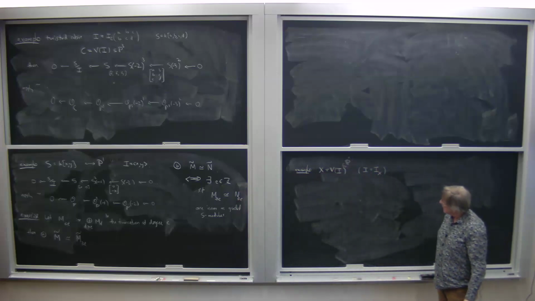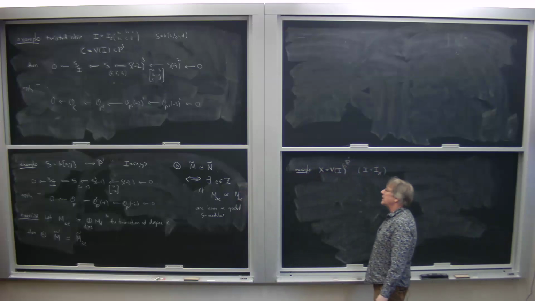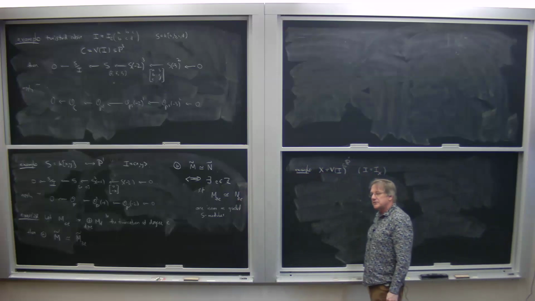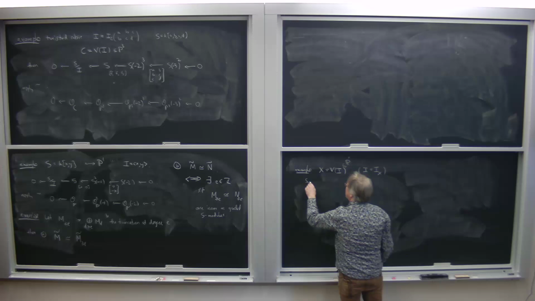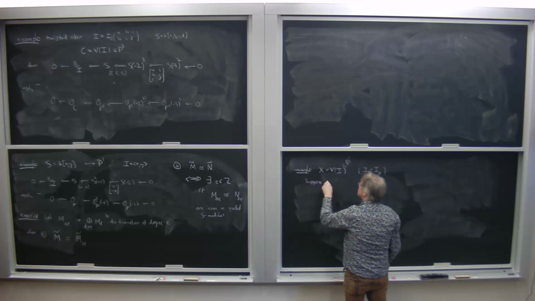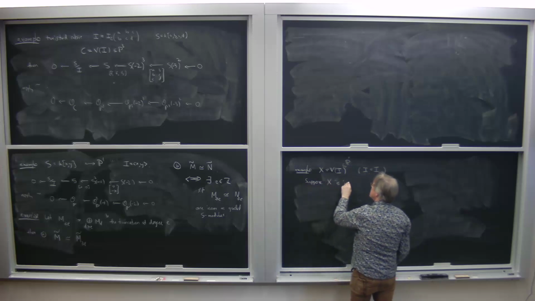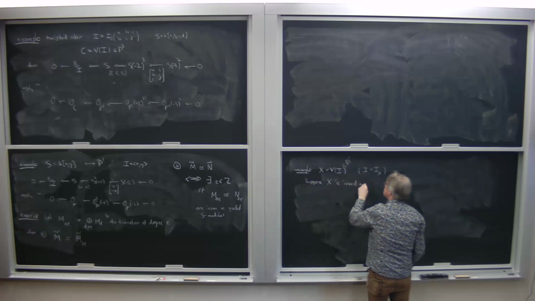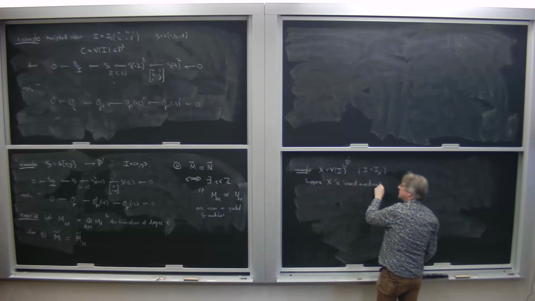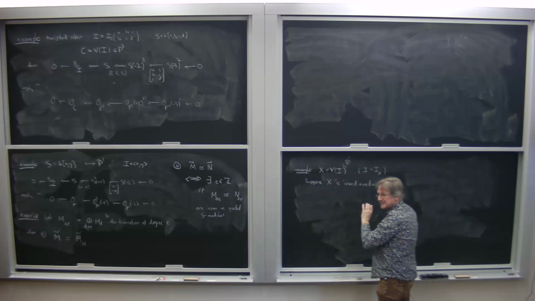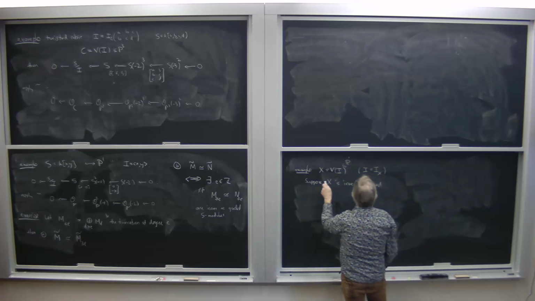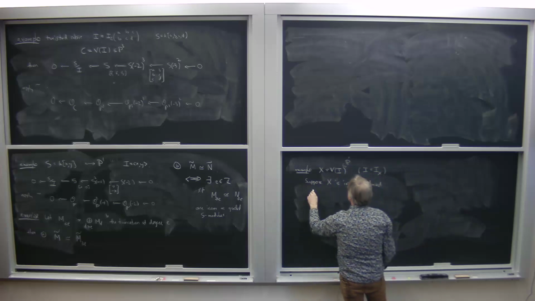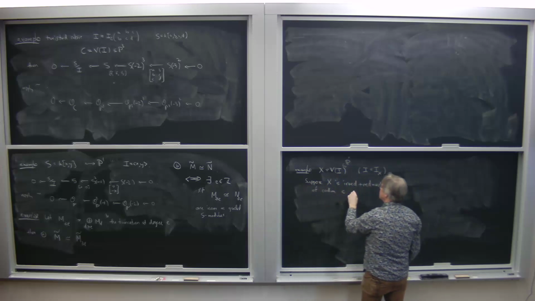And I might want it to have some nice properties as well. Let's suppose that in fact X is irreducible, so I is a prime ideal. Suppose X is irreducible and reduced of codimension c.